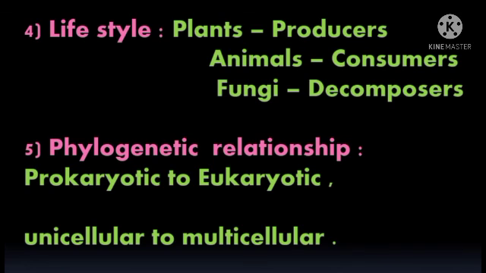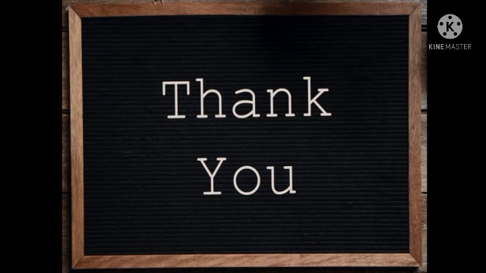So hence from prokaryotic to eukaryotic and unicellular to multicellular. So students, these were all the different criteria used for classification. In our next lecture, we will be learning the 5 kingdom system of classification.